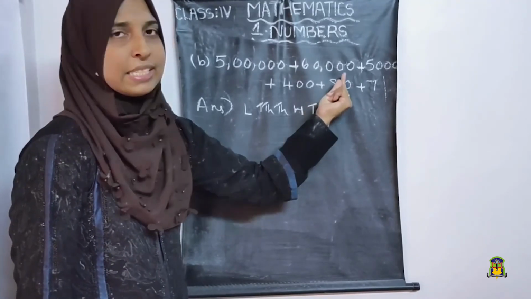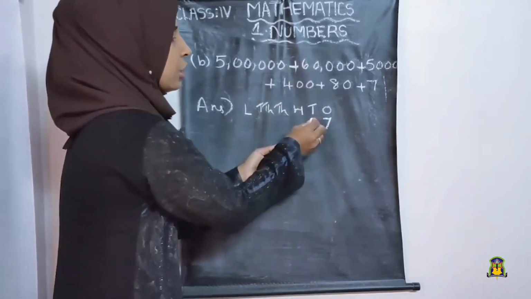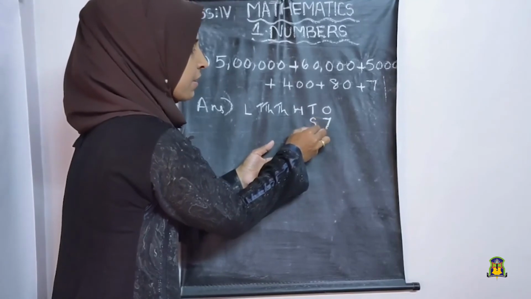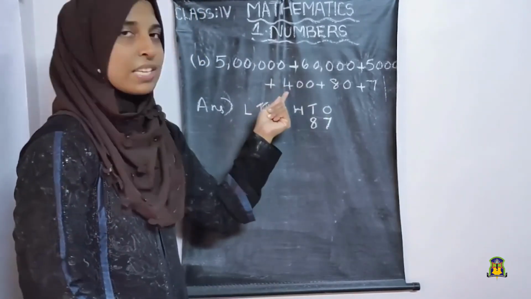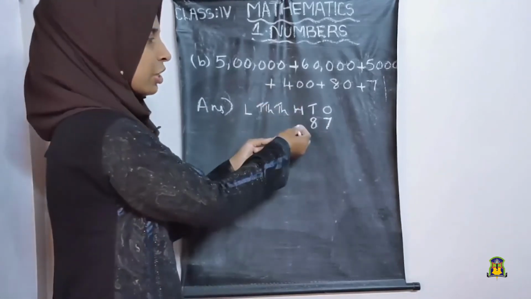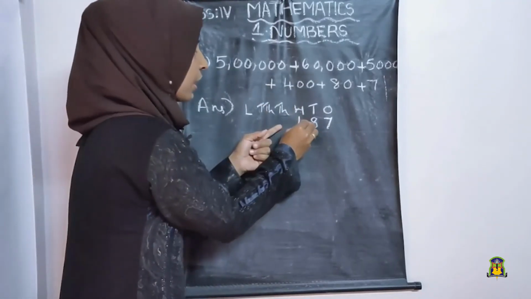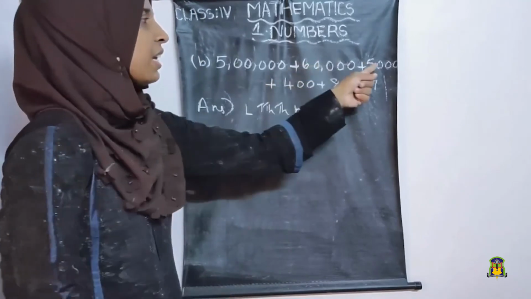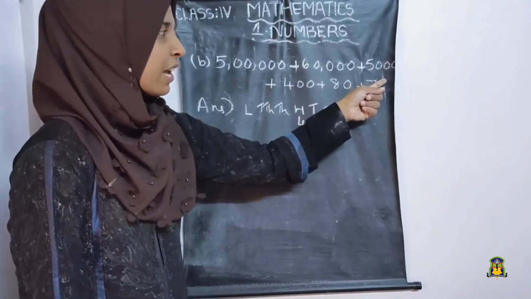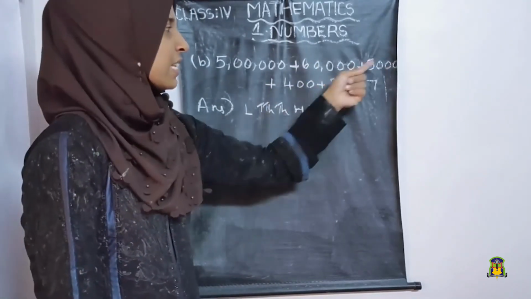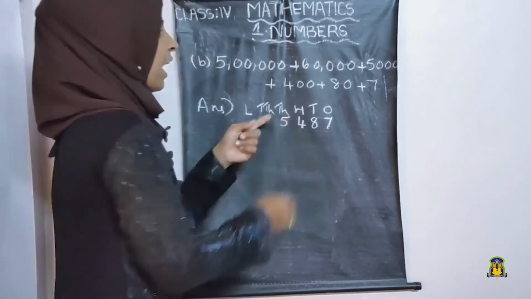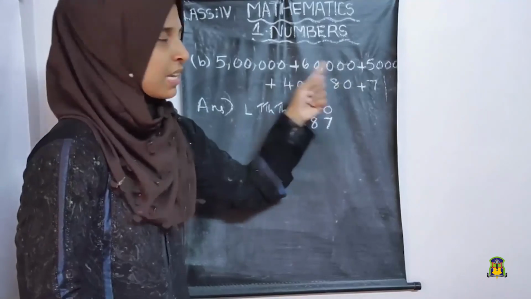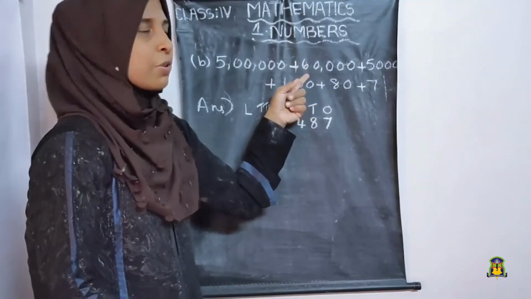80, that is 8 in the tens place. So in the short form, in the tens place, we will have 8. Then 400, 4 is in 100 place. Then 5,000, 5 is in thousands place. Then 60,000, 6 is in 10,000 place.